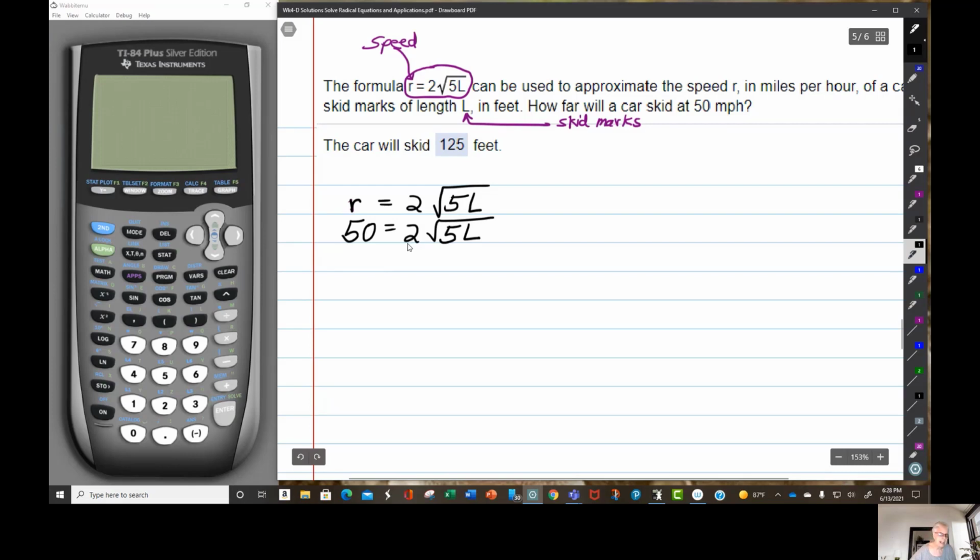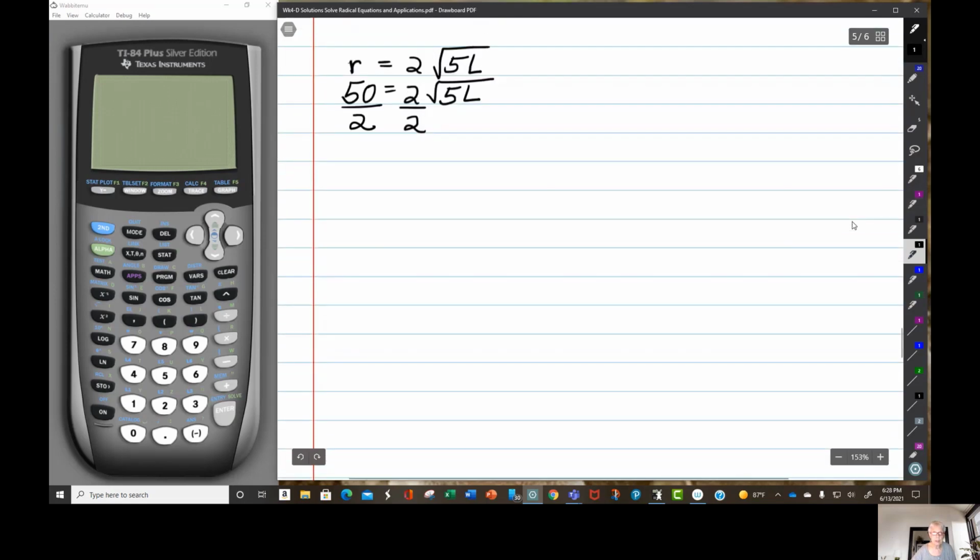Therefore, we can divide it over to the other side. Divide by 2, divide by 2. 50 divided by 2 is 25. 2 over 2 is 1, so it becomes invisible, and we'll have the square root of 5L. Now we square both sides.